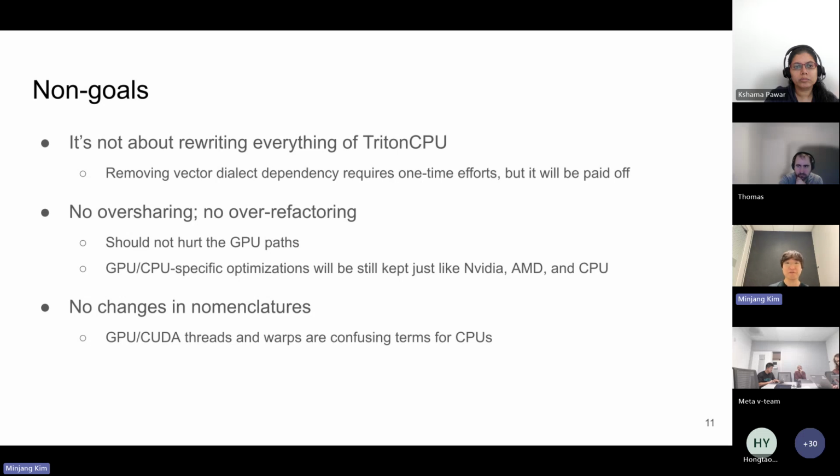Triton is still GPU first, which does not hurt any GPU path, and any NVIDIA, AMD, or CPU specific code will be kept separate. I also don't want to change the terminology. For example, CUDA thread and warp are kind of confusing for the CPU, but I think we can live with it.